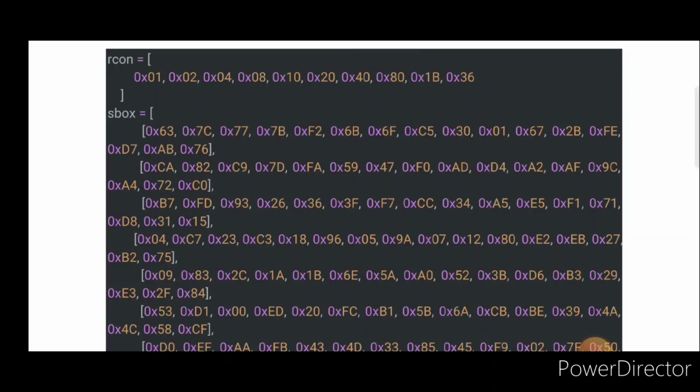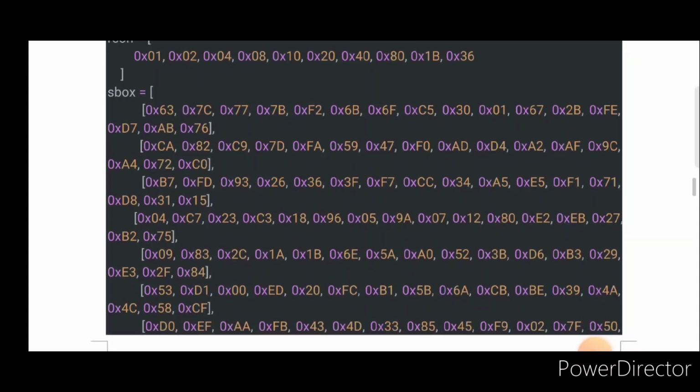The substitution box provides a non-linear transformation that enhances the security of the encryption algorithm. The values in SBox are predefined and represent the substitution values for each possible byte value.